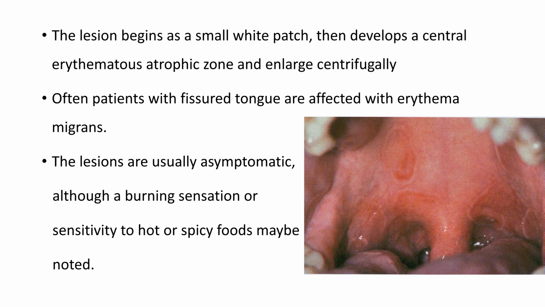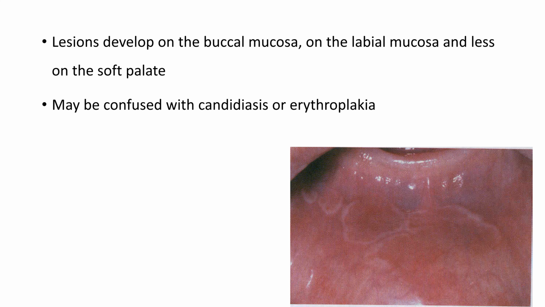In the picture you see palatal lesions showing an erythematous area. This is the posterior part of the hard palate, and some parts of the soft palate are involved. It is a well-demarcated erythematous area surrounded by a white border, similar to the lesions seen on the tongue. Lesions can develop on the buccal mucosa or labial mucosa, and less frequently on the soft palate.